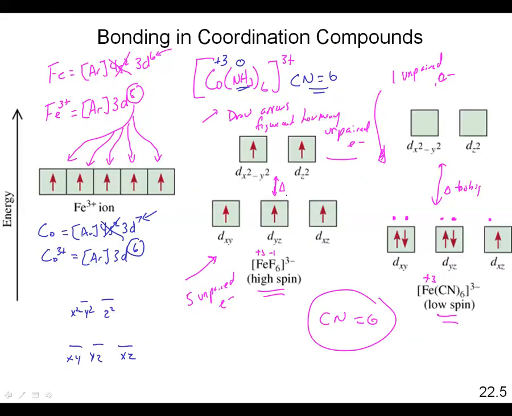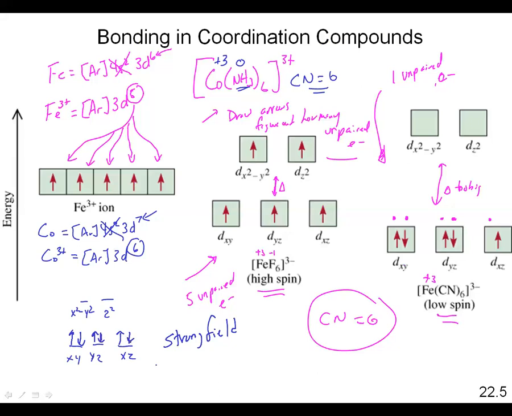So what that means is if we do this for a strong field, we want to distribute these 6 electrons, and they would go in 1, 2, 3. Now the strong field here means that it's going to be a big difference between the lower and upper, which means those electrons are actually going to end up pairing off instead.